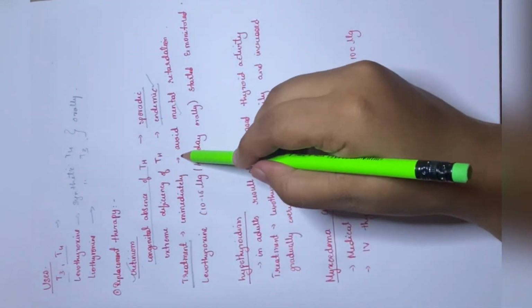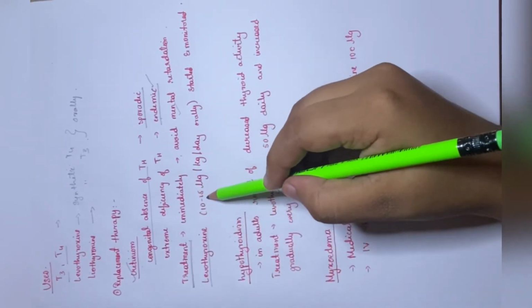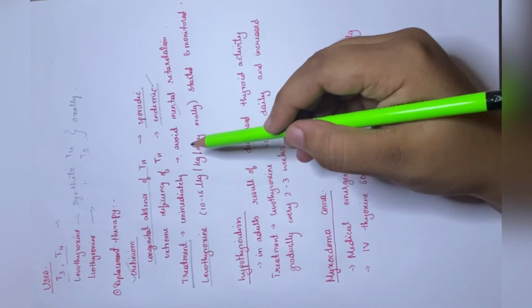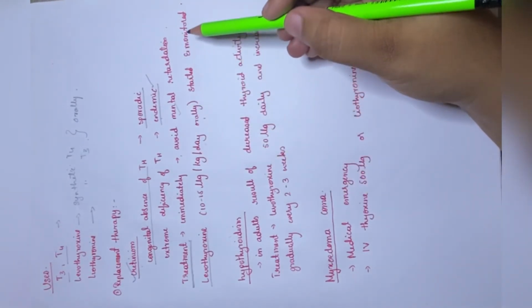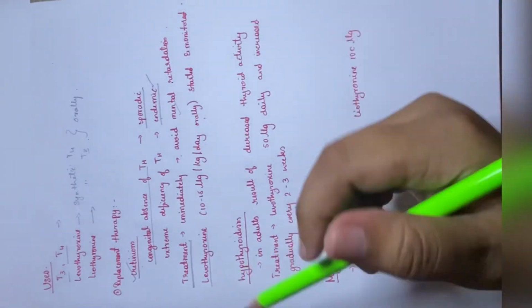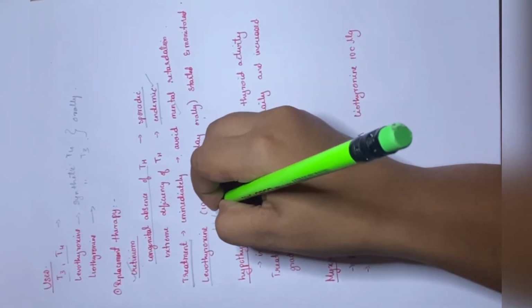To treat this patient, levothyroxine 10 to 15 microgram per kg per day should be given orally, it is started and monitored, and this replacement should be considered lifelong.